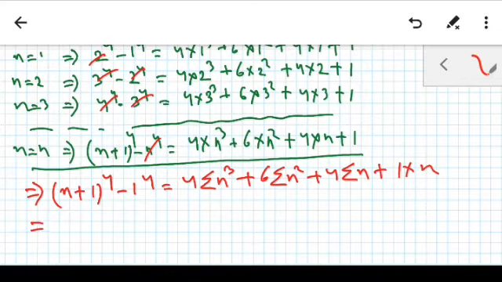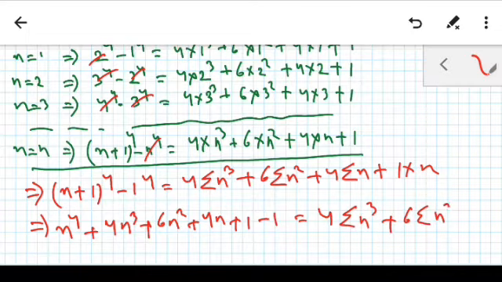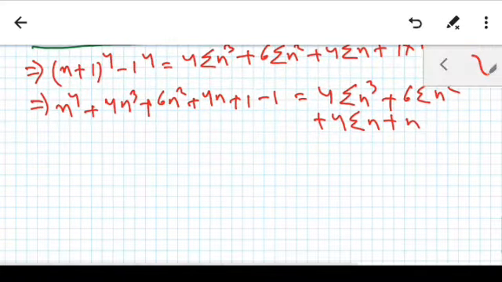So I will split it. This is n to the power 4 plus again 4n cube plus 6n square plus 4n plus 1 minus 1. It is equal to 4 summation of n cube plus 6 summation of n square again plus 4 summation of n plus n. Now let me finish it.